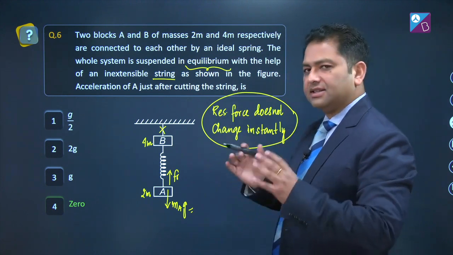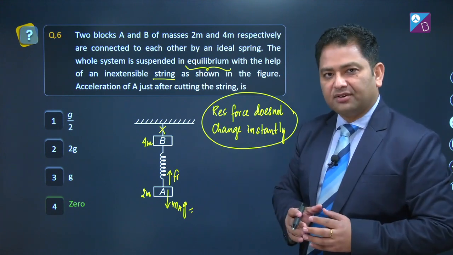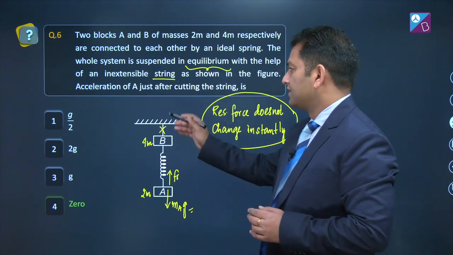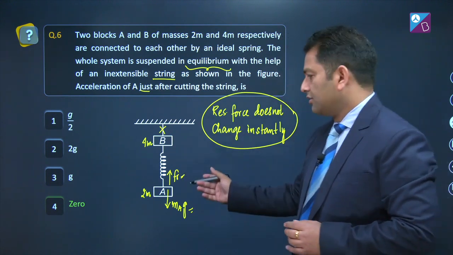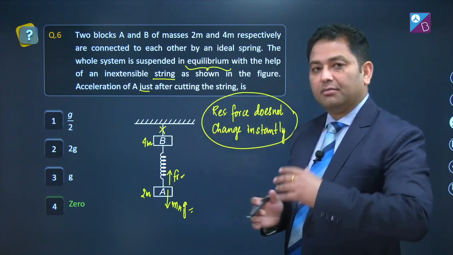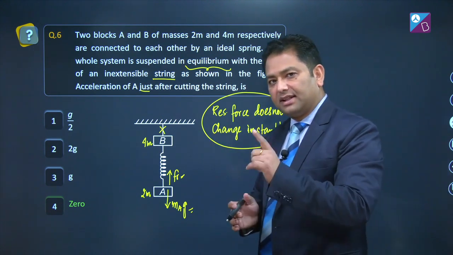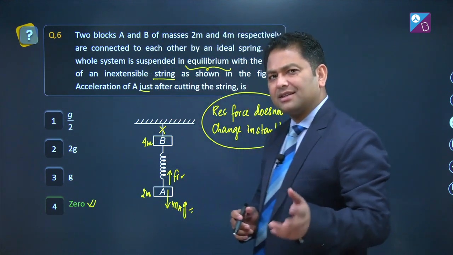Now initially the system was in equilibrium. So initially acceleration was 0, and just after cutting, the restoring force does not change, the weight is the same. So the net force acting on A before and just after is the same. So acceleration would also be the same, so that is 0.